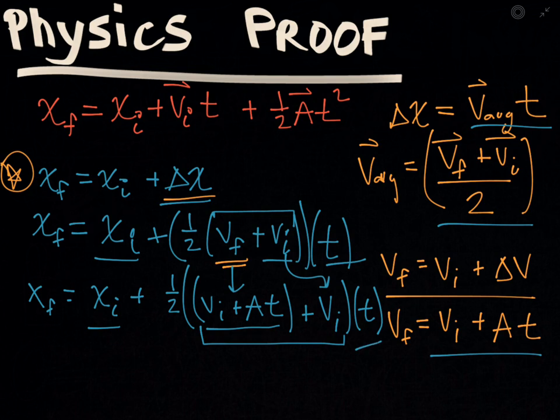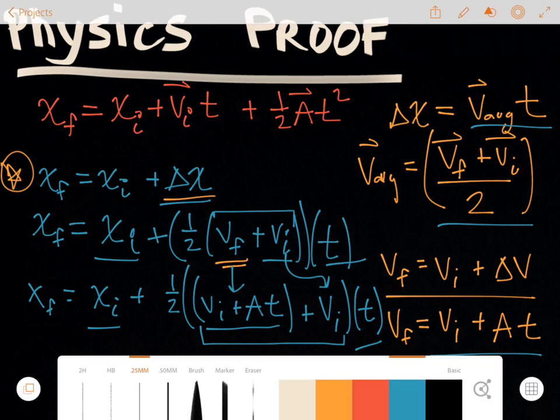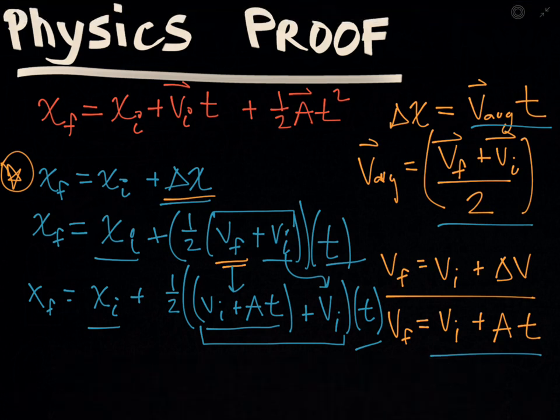All right, now we can start distributing the 1/2s. We can combine our like terms. So if we simplify, we can say that the final position is equal to the initial position plus, and these three terms here are all adding, so there isn't really a need for the parentheses.